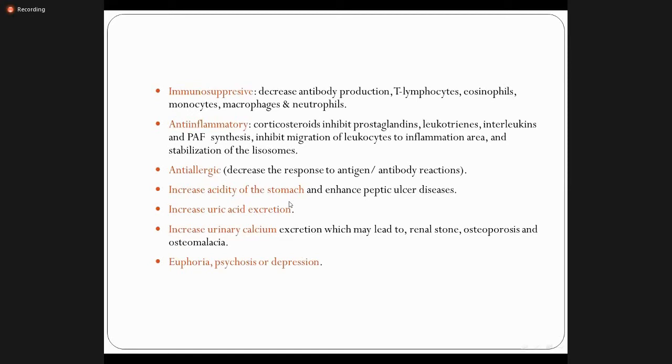How? Because normally, if you just try to recall, the cyclooxygenase pathway is responsible for producing different prostaglandins, among which we have prostaglandin I2 and prostaglandin E2. These are responsible for the defensive mechanism, increase mucus secretion, right? Decrease HCl production, so they prevent the formation of ulcer.